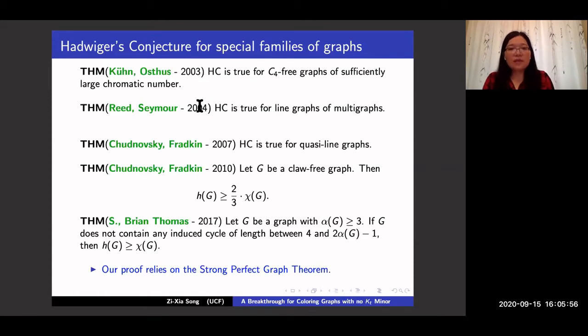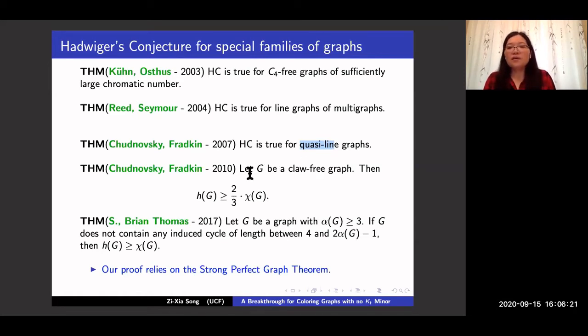Later, Reed and Seymour proved that Hadwiger's conjecture is true for line graphs of multigraphs. And Chudnovsky and Fradkin extended this result to quasi-line graphs. You know quasi-line graphs contain line graphs, and the quasi-line graphs are claw-free graphs.